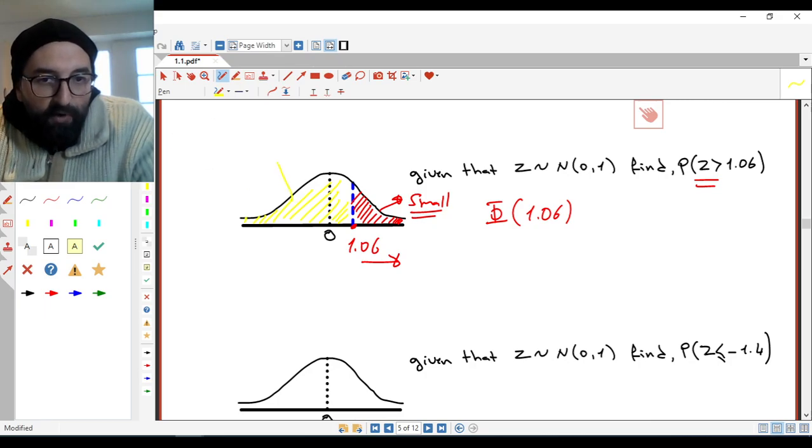So yellow area is the big area, and also phi 1.06.